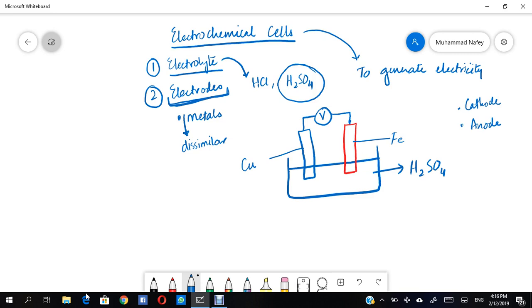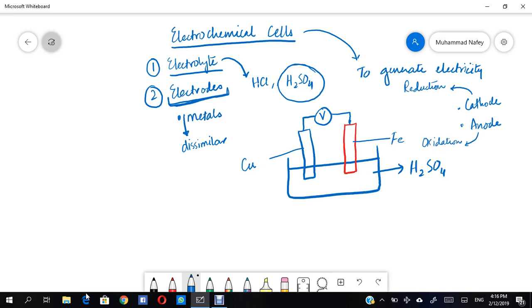Here we don't have a battery. So how will we decide? For this reason, we come back to the definitions. The cathode is the electrode at which reduction takes place, and the anode is the electrode at which oxidation takes place.